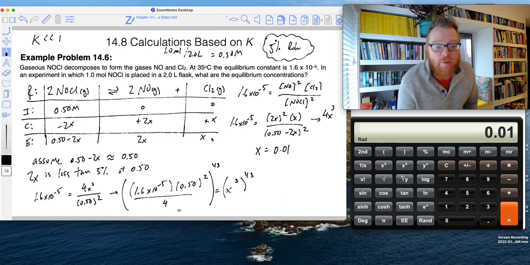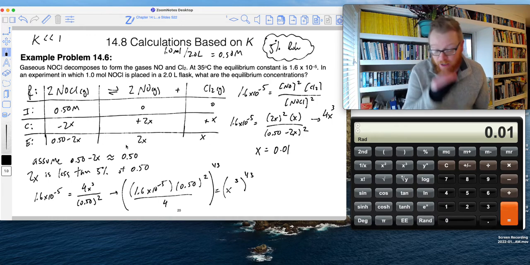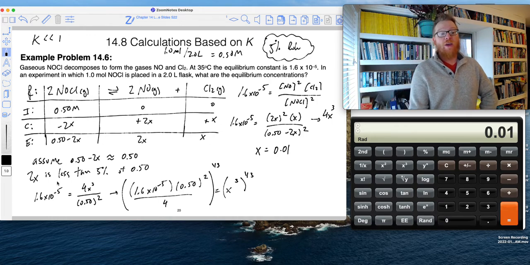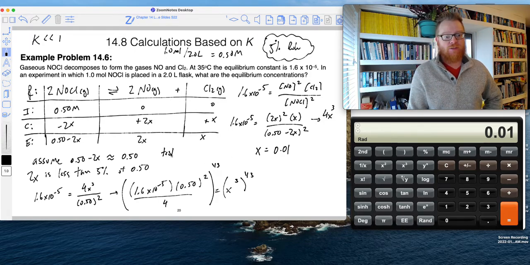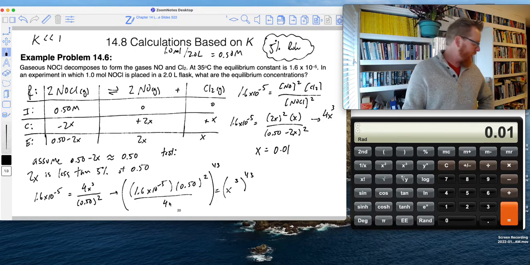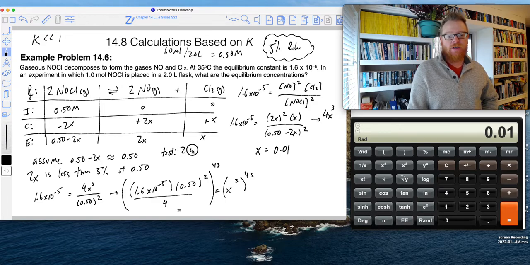Before we plug it back into these values to get our equilibrium concentrations, we have to test the 5% rule. We test it by doing the following. We've got to say 2 times x, which is 0.01, divided by this initial concentration, 0.50.